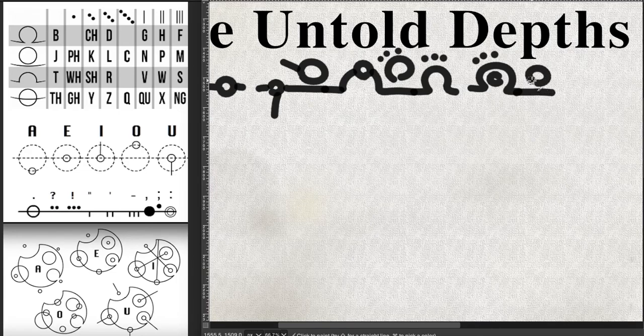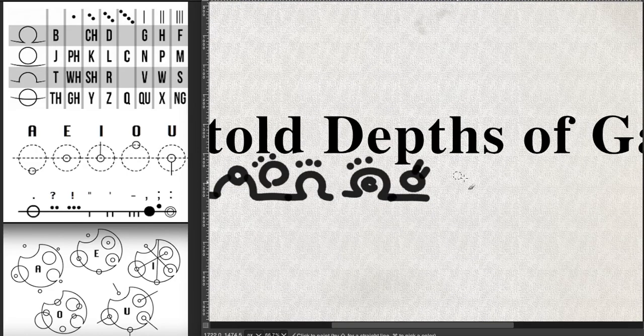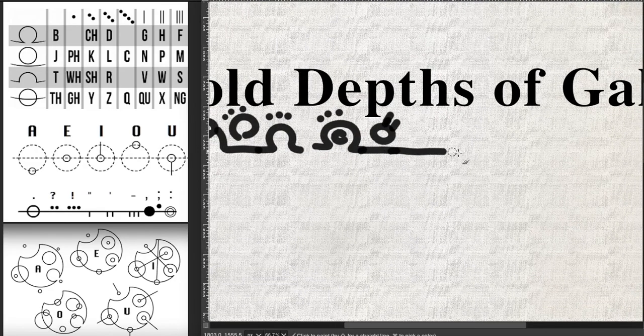P with 2 lines on a circle inside the word circle. And then we have that TH, which I'm going to combine. So these combined letters are just shortcuts to help keep the space the same.